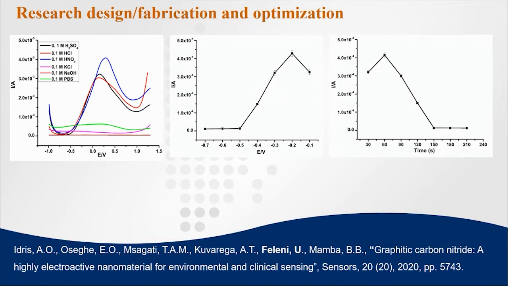So in this case, we looked at the electrode deposition of the materials on the electrode surface, and we could see that at -0.2, this electrode deposition works the best as compared to the other potential ranges. And in terms of the time, because we have to monitor the potential and also the time in seconds, we selected 60 seconds because it was giving us the highest signature.